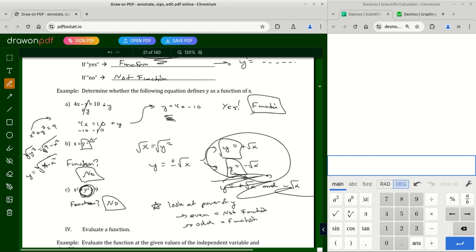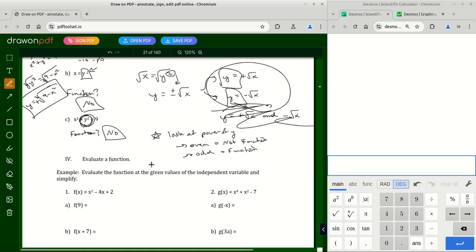Yep, exactly. It's only a positive. Only one y value. The odd roots do not have a plus and a minus. The even roots do have a plus and a minus. That's the trick. That's the key there, okay? Cool. Keep cruising.